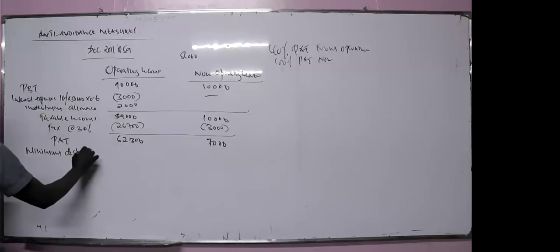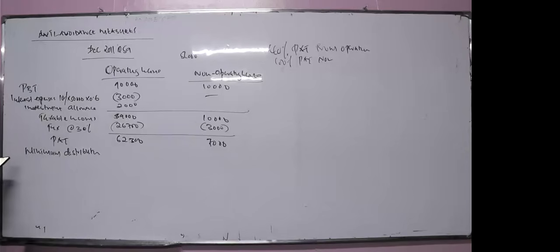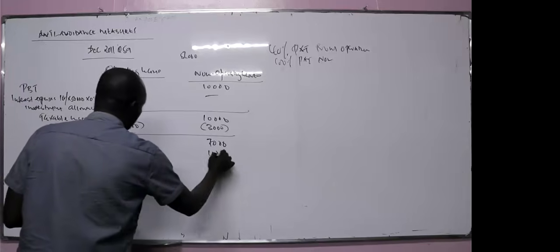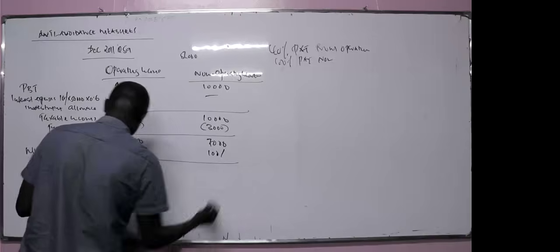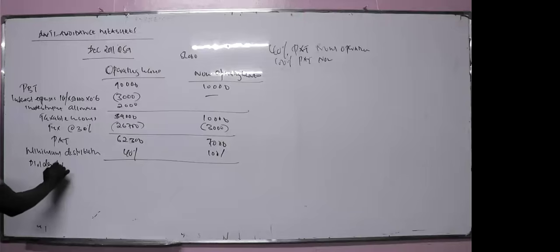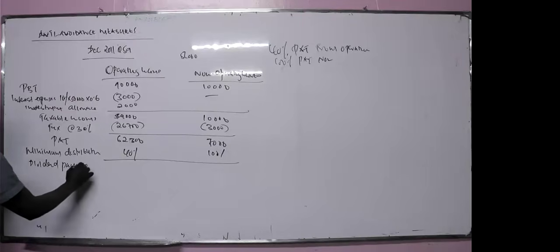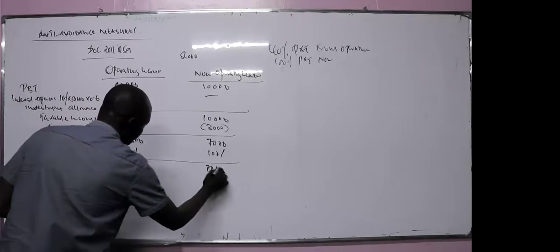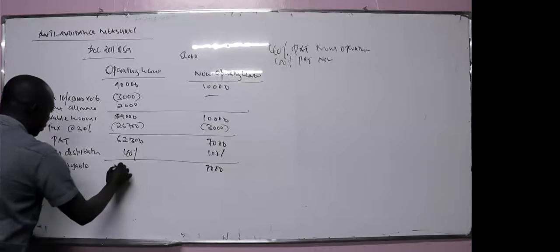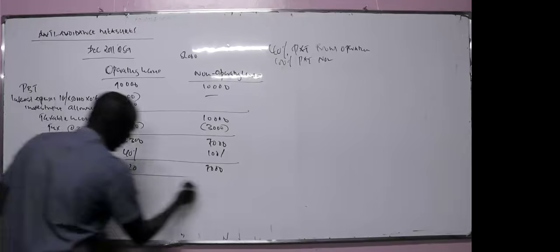So the minimum distribution, they're supposed to distribute 40%, and here they're supposed to distribute 100%, isn't it? So the dividend payable, the one that they're supposed to pay. So this one is 7,000, and this one 24. Are you following?